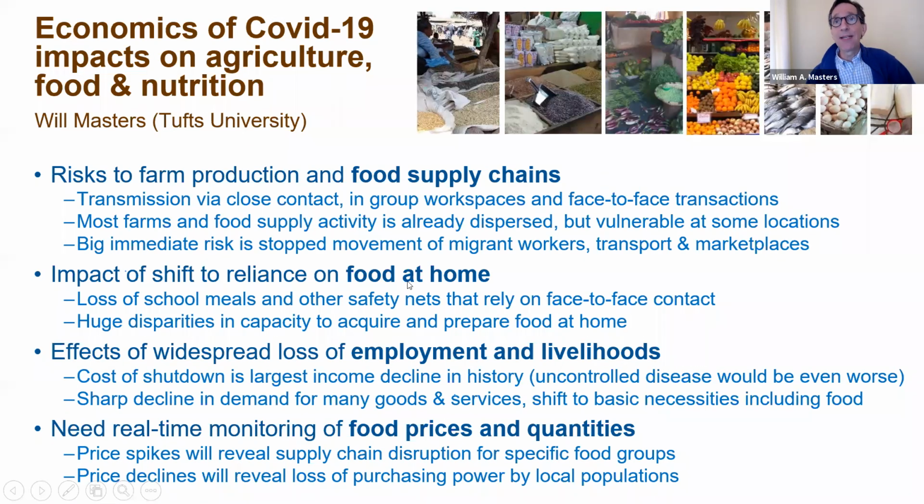Within the food system, we've seen this massive shift to food at home. So all of a sudden, away from institutional feeding, restaurants and so forth, those have been tremendously valuable safety nets, food at school, food in institutional settings, and there's huge disparities in people's ability to acquire and prepare food at home, big shifts in the composition of the diet, often worse nutrition because of that.